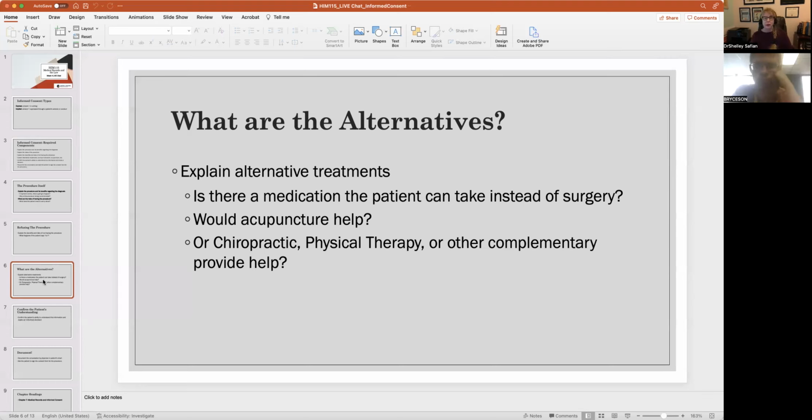Yes, there's a medication you could take, but you're going to have to take it 3 times a day, every day for the rest of your life. And it costs $15 million a month. Okay, that's fine, but the patient has the right to know. Okay, would acupuncture, chiropractics, physical therapy, anything else provide benefit without the surgery or the whatever?